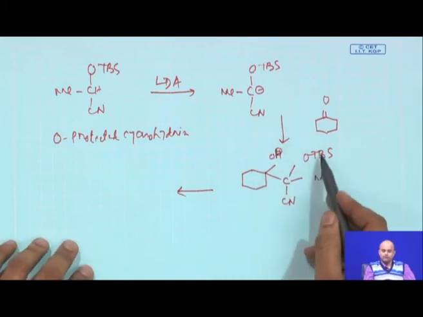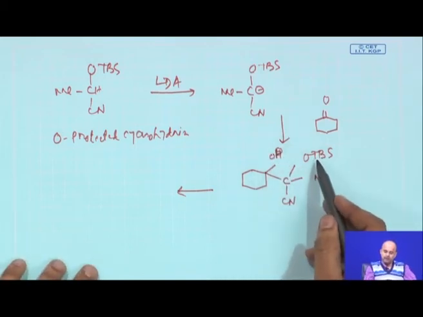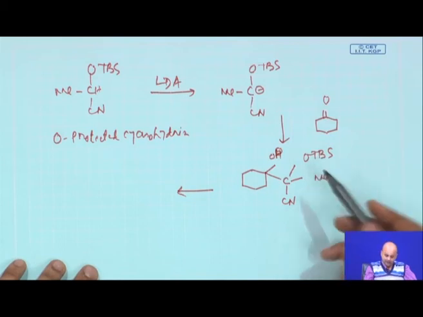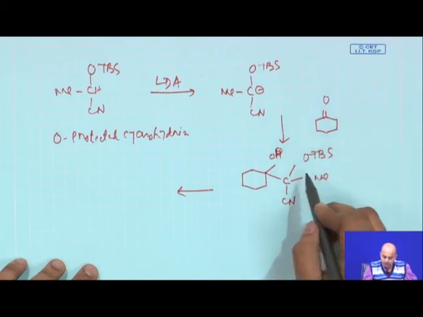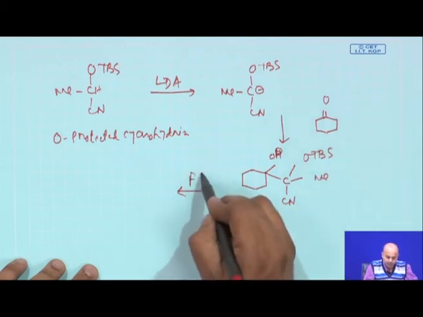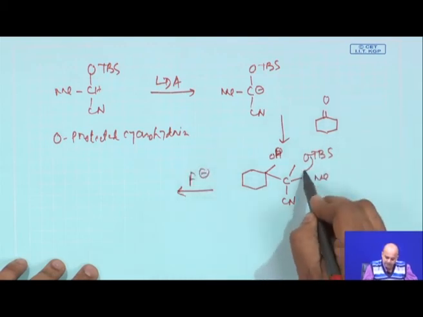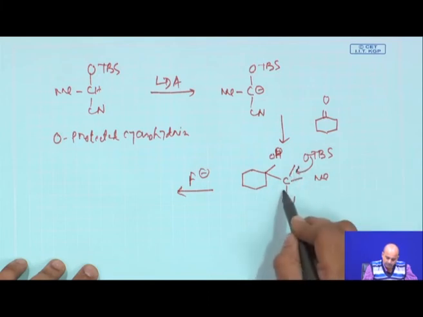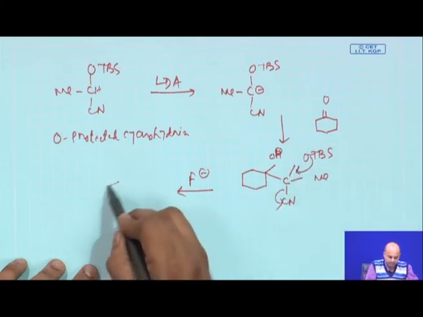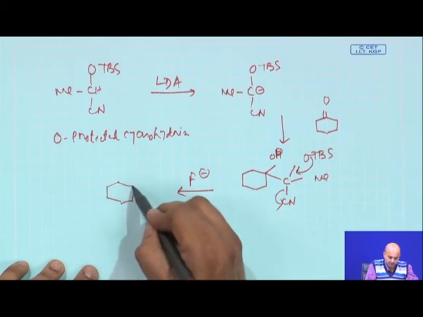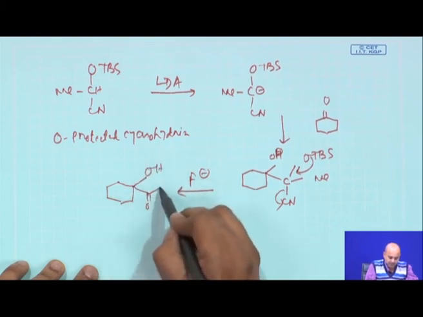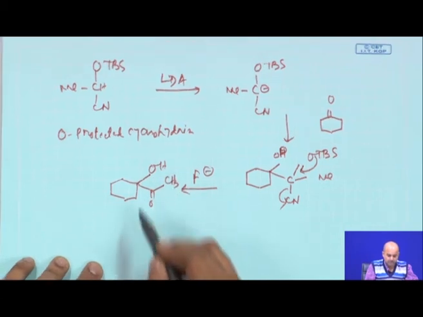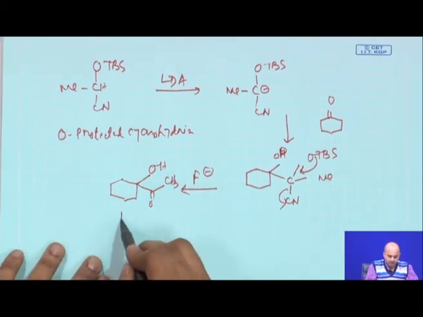Now, this oxygen silicon bond can be normally clipped by some silicon fluoride species, and then that basically keeps in this way and gives you this. So, in reality at the end you basically get this compound.